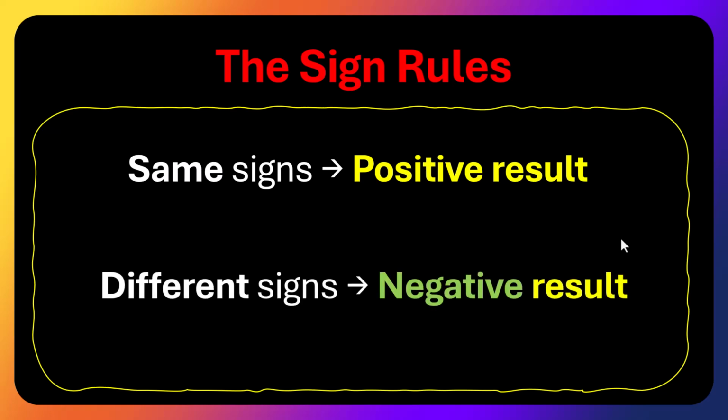And if the signs are different, the result of the multiplication will be negative. Okay, so let's explain the rules.